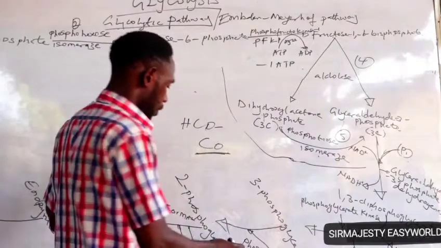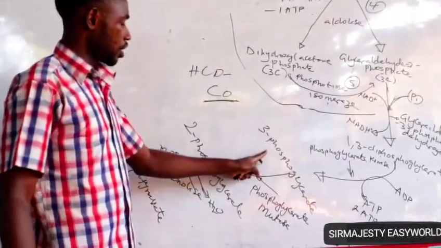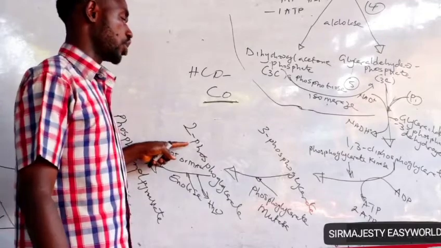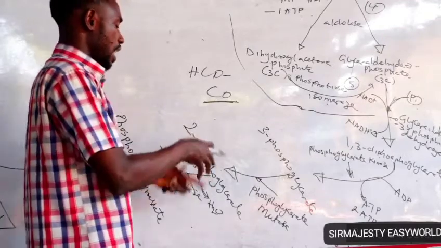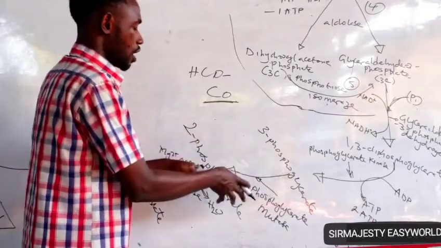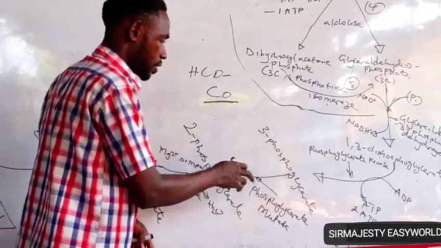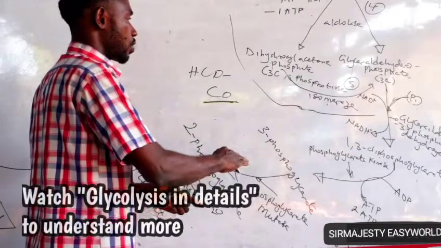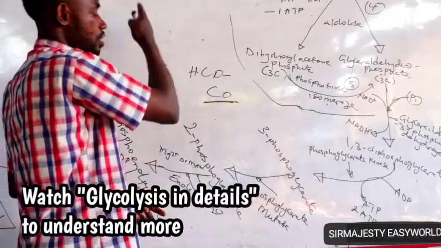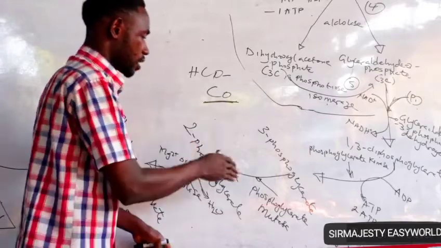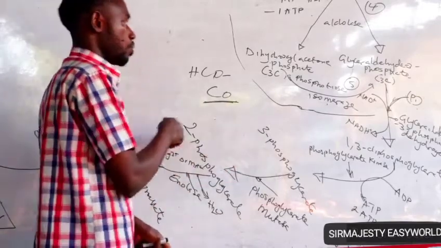But the third isomerization is changing of 3-phosphoglycerate to 2-phosphoglycerate. The functional group is not changed here, rather the number of carbon that bears the functional group is changed. So the isomerization here involves not changing the functional group, unlike the first 2 that change the functional group. This one is changing the position of that phosphate group from number 3 to number 2.